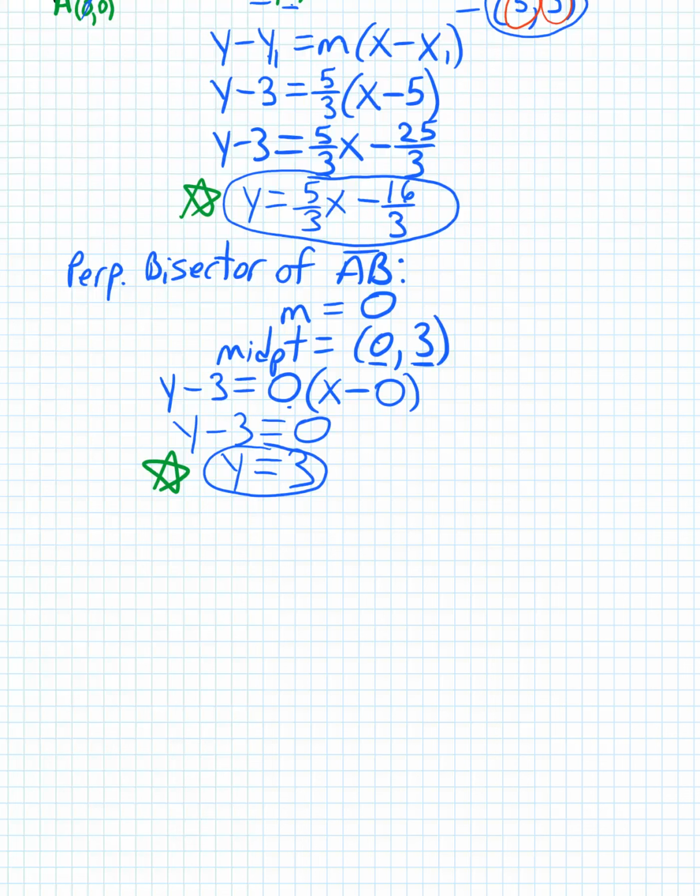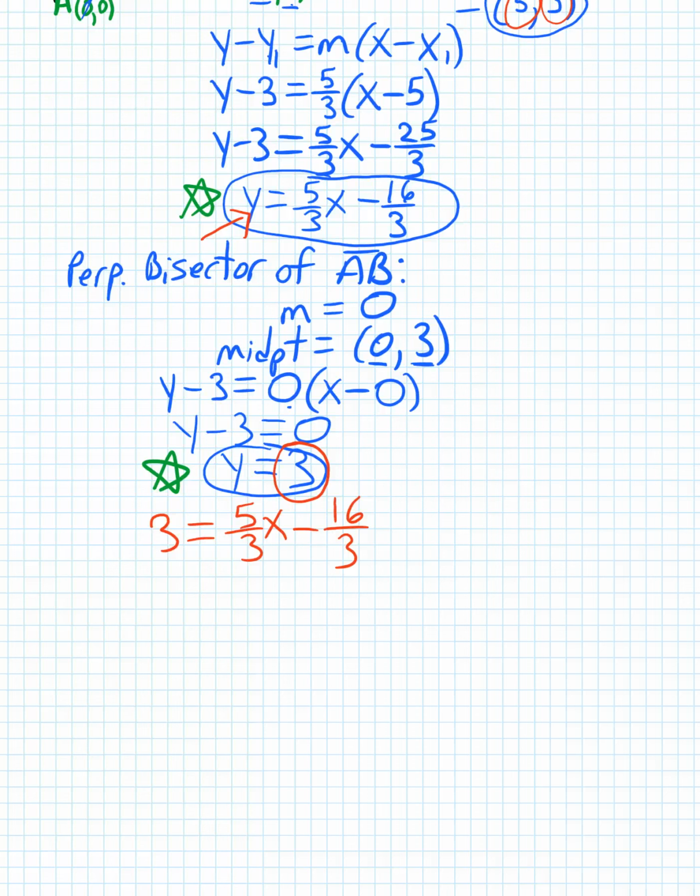So if you notice, we have a variable already solved for. We have y equals 3. So you can take the value of y, which is 3, and plug it in for y into the other equation. So if I write that, I get 3 equals 5/3 x minus 16/3.